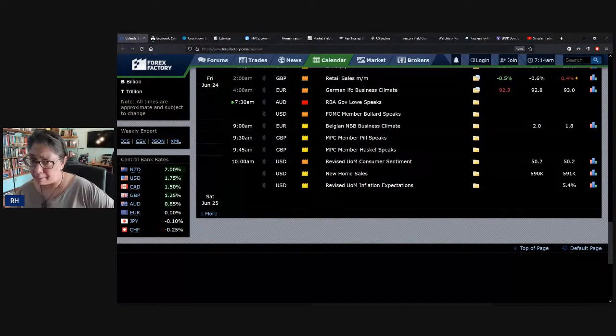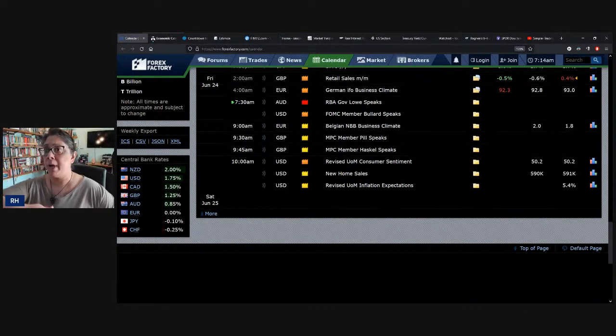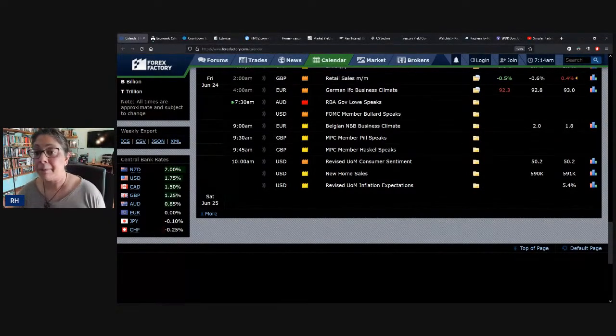Not usually a big impact number, but when we are lacking for any other high impact hot zones, minor ones like the University of Michigan, minor ones like new home sales, not as major as say non-farm payroll or GDP or CPI or PCE, slightly lesser heat hot zones can move the market because there's just nothing else the market's going to be responding to. So new home sales, keep an eye on that.